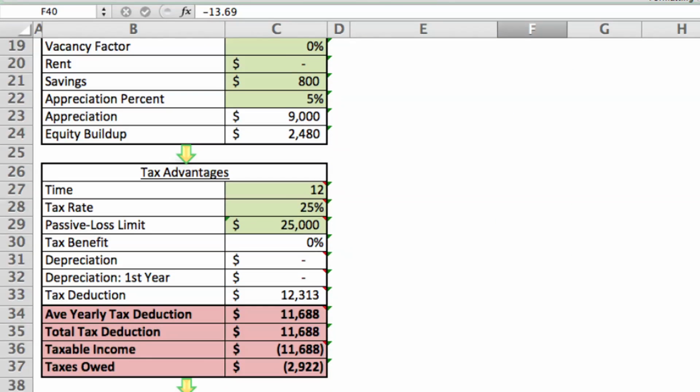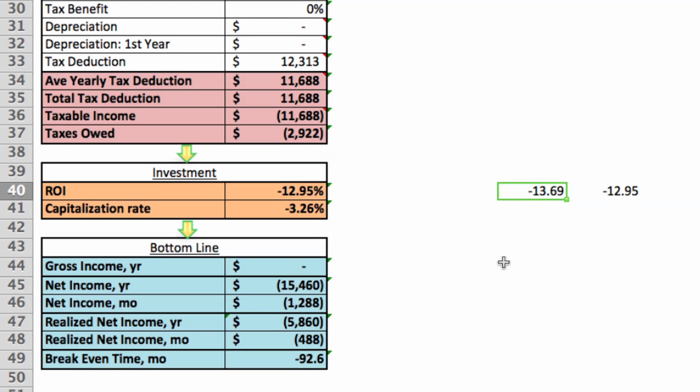But even though, despite those little changes, it's still more financially attractive, being less negative with the ROI, than the $200,000 property, which is a negative 13.69%. So just between these two properties, you can easily identify that the $180,000 one is more profitable. It's a better purchase.